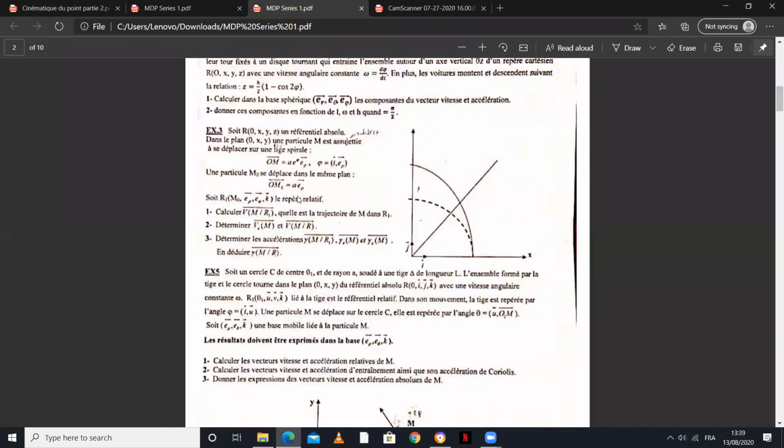Okay, this one relative moves with respect to this repère absolu. So if we are deriving expressions in this repère relative with respect to this repère absolu, or in this repère absolu, we are going to treat them as mobile. The E rho, the E phi, not the k, is fixed, the E rho and the E phi. We're going to treat them as mobile. They are moving with respect to this one. But when you're deriving them with respect to themselves, it's like it's not moving with respect to itself.